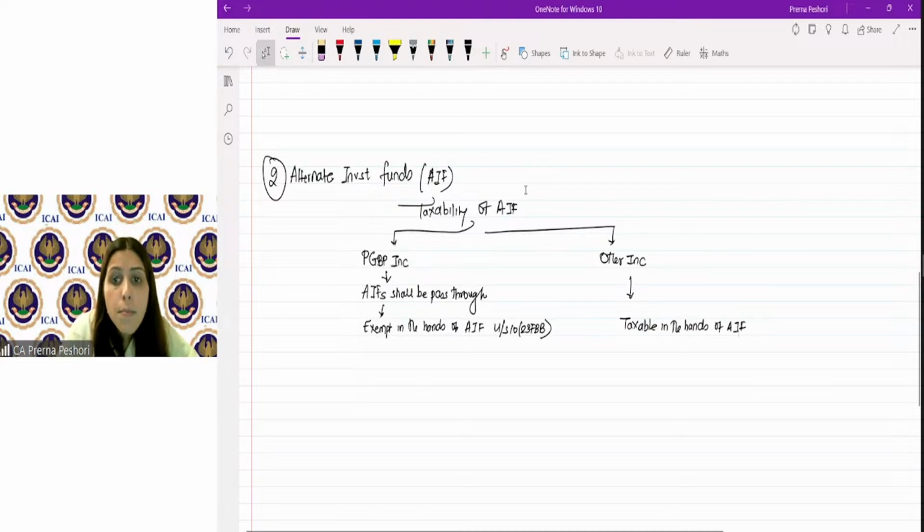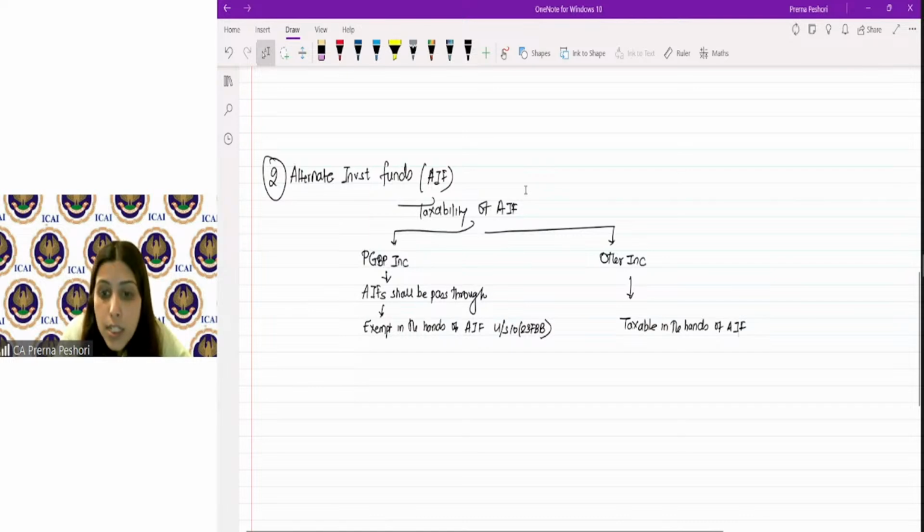So in case of PGBP income, if it is exempt in the hands of the AIF, the income accruing or arising which is received by the unit holder of the investment fund, being the proportion of income of the same nature as the income chargeable under the head PGBP at the investment fund level, shall be exempt under 10(23FBB).